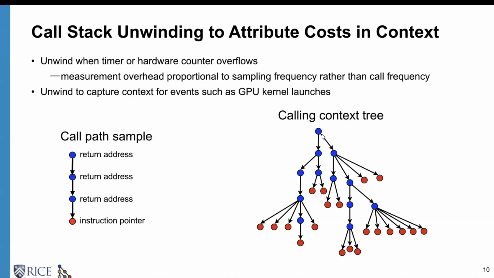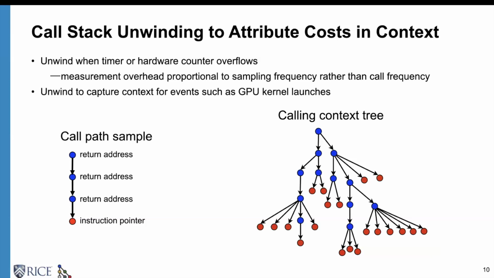And so conceptually, there's something like main up at the top, and then you might have a subtree that represents initialization, a subtree that represents solve, another subtree that represents finalization. And then there's costs associated with each of the leaves and the interior nodes for cache misses or time spent in the GPU kernel, or time spent stalled in GPU instructions.